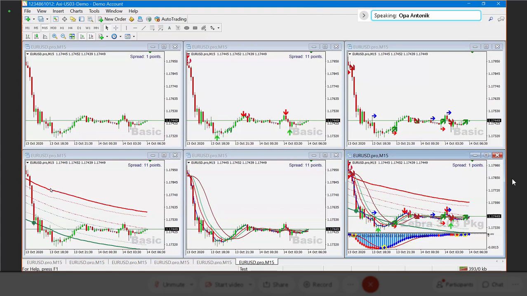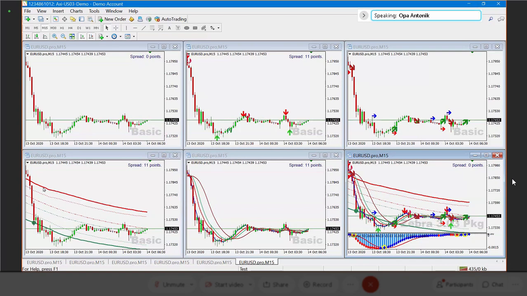Here's how you view the channel. In stochastics and a lot of other oscillators, you have what's called overbought, oversold. Well, your channel indicator, the Zebra 33 channel indicator, can also be considered as overbought, oversold.